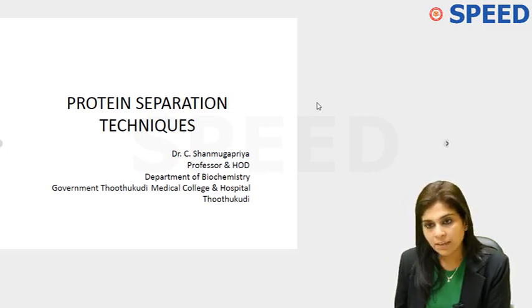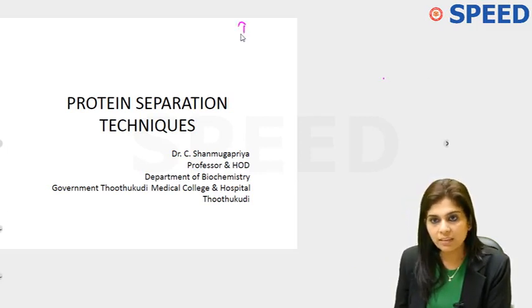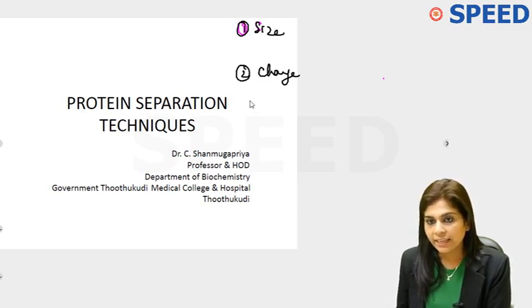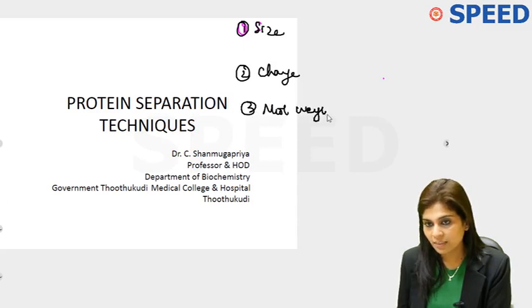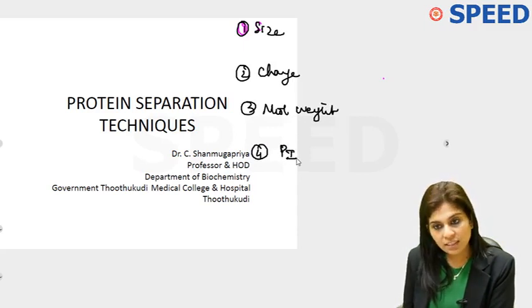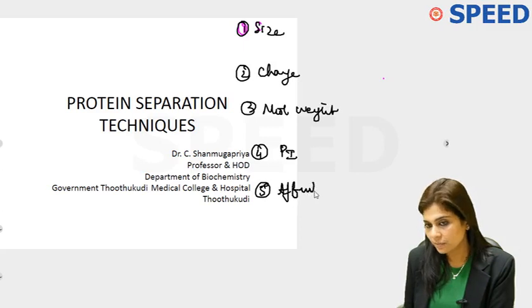Proteins can be separated based on, number one, size. They can be separated based on charge, they can be separated based on molecular weight. We have techniques which separate proteins based on isoelectric pH, and finally based on affinity.